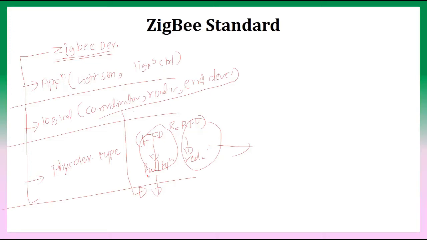It can be either FFD or RFD depending upon your intended application, but this remains the same whether it's FFD or RFD. A typical FFD in a ZigBee network will be powered from your AC mains supply.